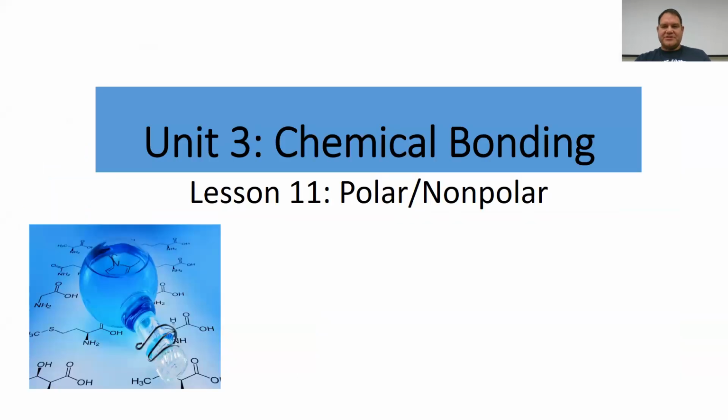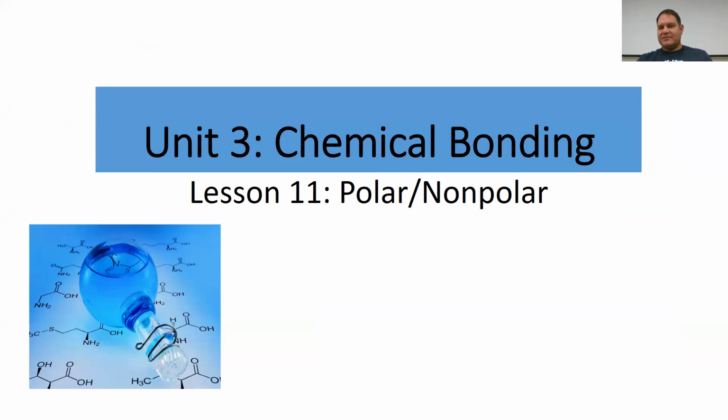All right, everyone should be on lesson 11, polar, nonpolar. So as the name implies, we are going to address polarity some more. In the past few lessons, we have been looking at covalent compounds, specifically molecules, where we have focused on drawing the Lewis structure of molecules.